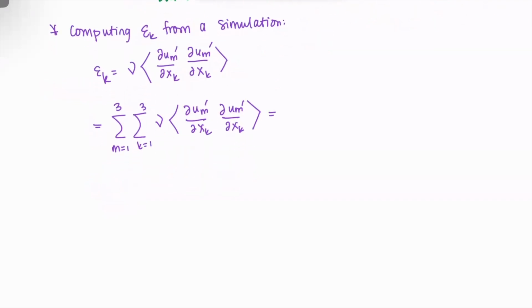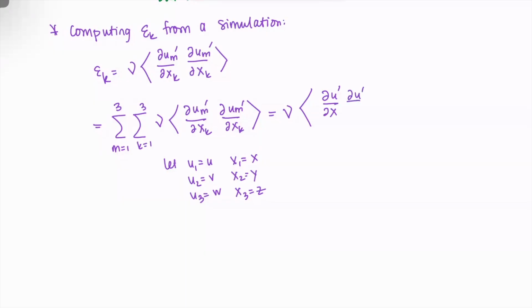So this is going to be equal to 9 terms here. I'm going to let u1 equal u, u2 equal v, and u3 equal w, and then x1 is x, x2 is y, and x3 is z, just for writing fewer subscripts.